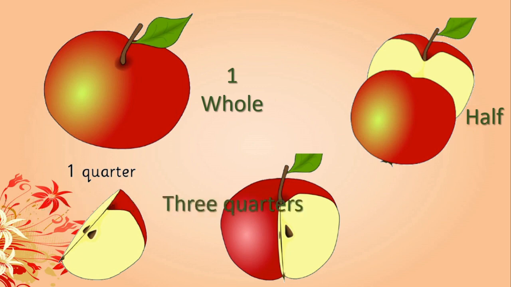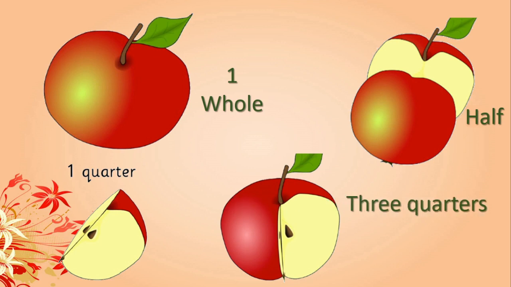Yes, that is nothing but 3/4. Remember, in this, how many quarters are there? This is 1, 2, and 3. 3/4 together are there. So this is called 3/4. This is 1/4. When we attach this to the 3/4, it again becomes one whole. Isn't it? So dear children, this is 1/4 and this is 3/4.